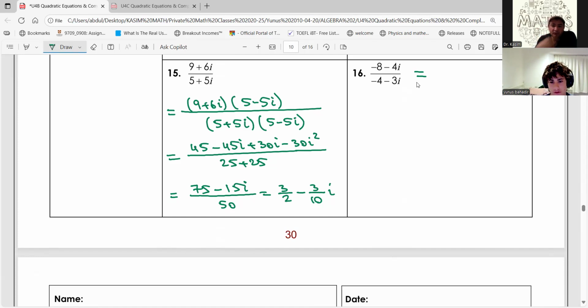It takes a simpler form. If you multiply top and bottom by negative 1, we have here 8 plus 4i, and here we have 4 plus 3i, right? Because too many minuses may confuse you. That's why this one operation can change this into a simpler form. And now multiply top and bottom by 4 minus 3i.